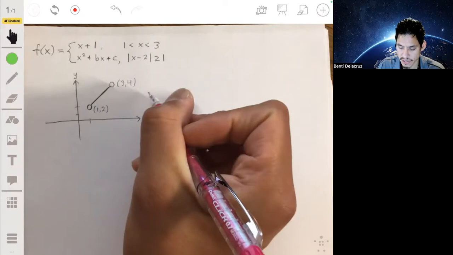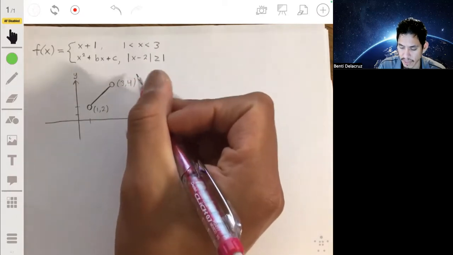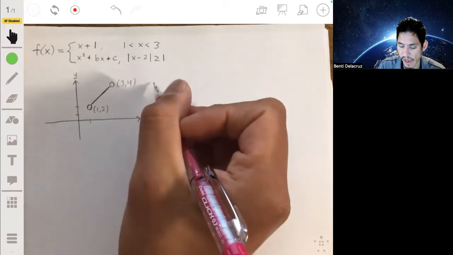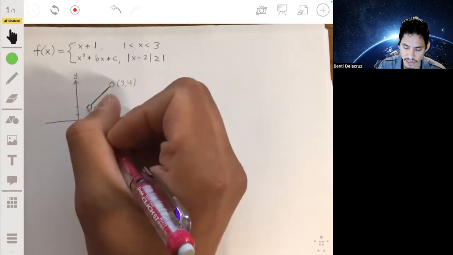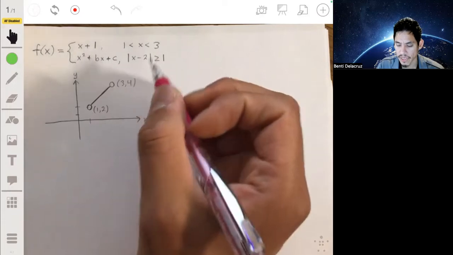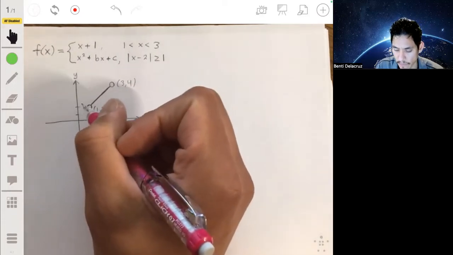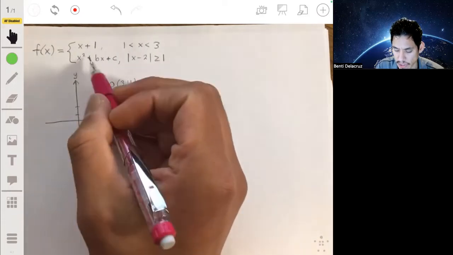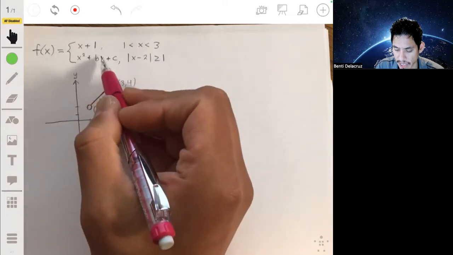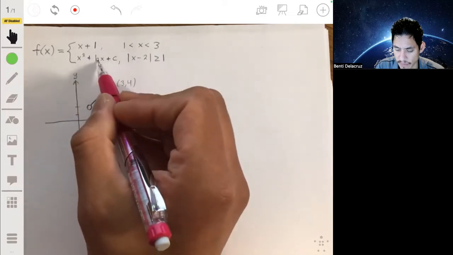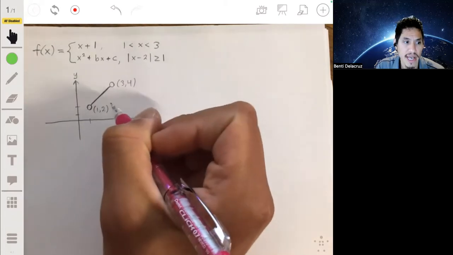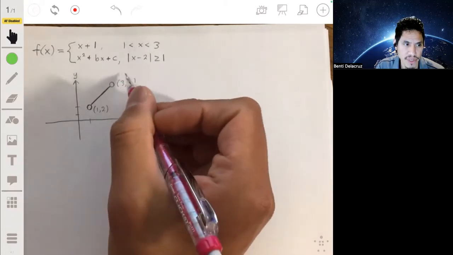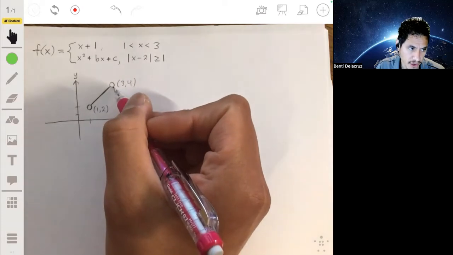You don't really care what it looks like, or if it bounces up and down, as long as it's a continuous function and it connects to here and here. So you want to find values for B and C that will give you a Y value of 2, and values for B and C that will give you a Y value of 4.